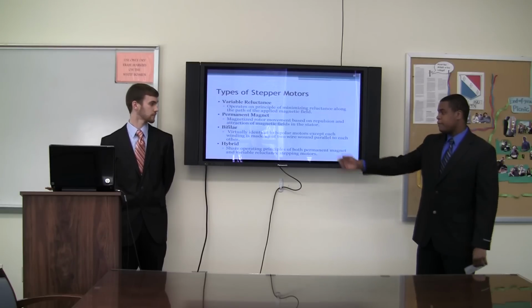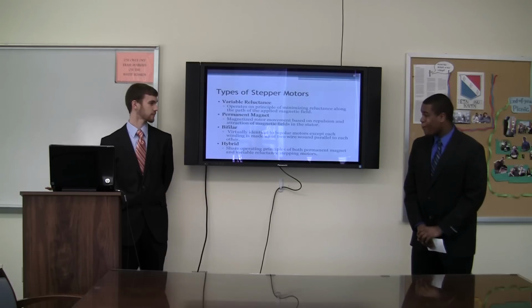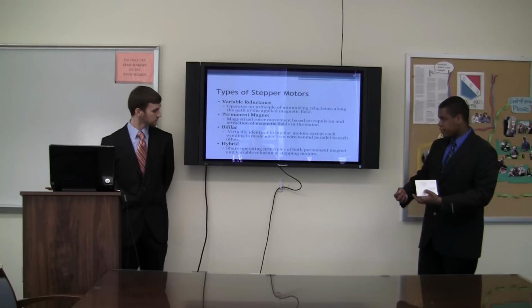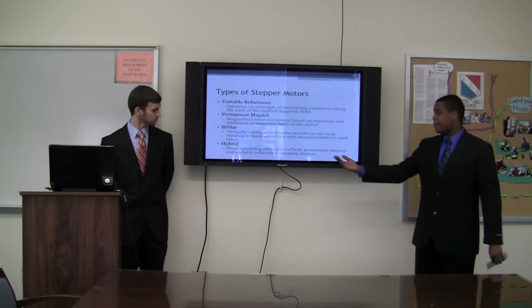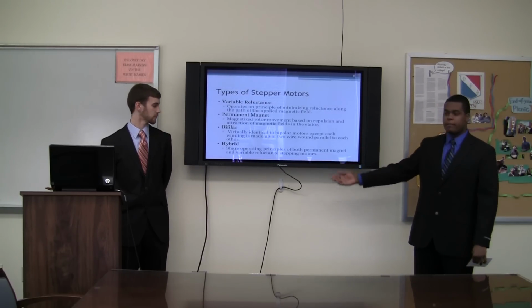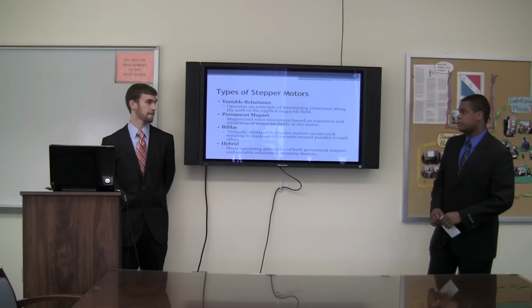And we also have a bifilar, which is very identical to a bipolar motor in that it has its windings parallel to each other, and hybrid stepper motor, which is basically a combination of both permanent magnet and variable reluctance stepper motors.